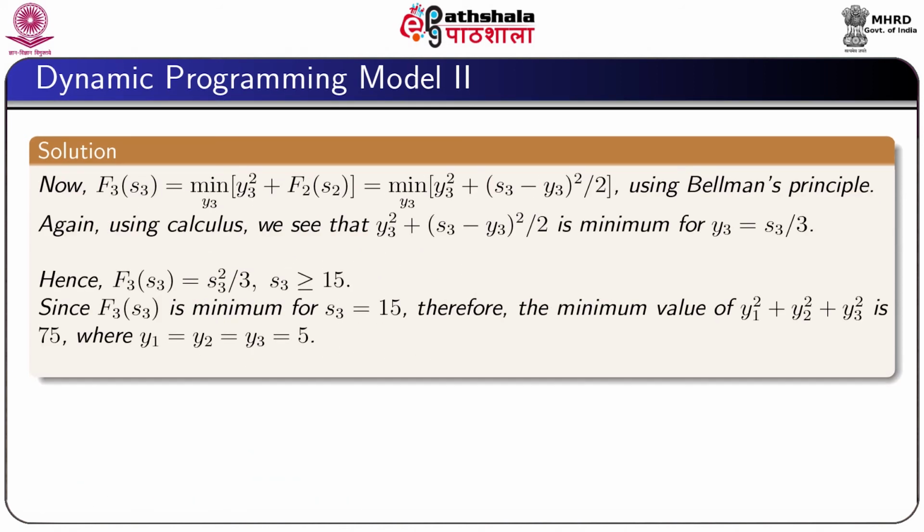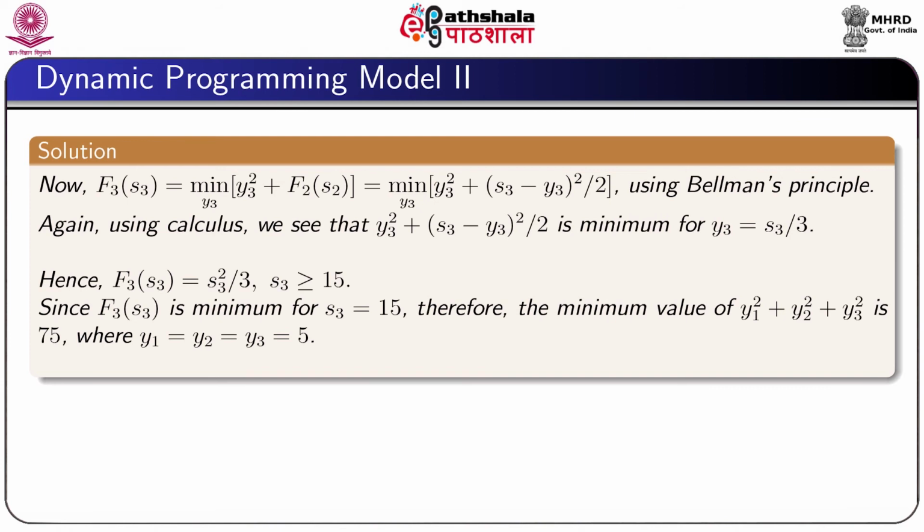Now, capital F3(S3) equals the minimum of Y3 square plus capital F2(S2), where the minimum is taken over Y3, and which can be written as the minimum of Y3 square plus (S3 minus Y3) whole square by 2.